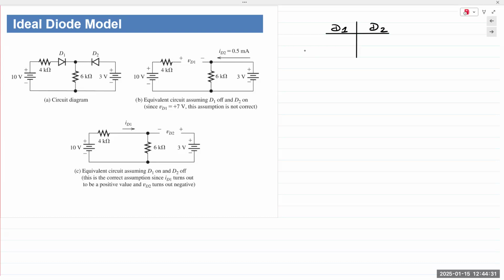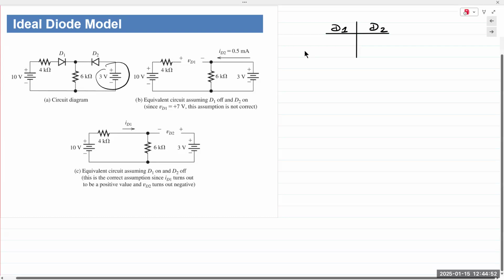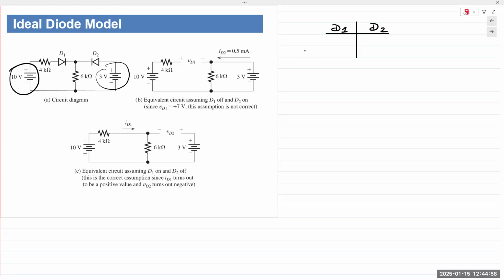So again, when you make your assumption, you always want to follow logical methods, look at the circuit, and make your best guess as to which diodes are on and off. So if you look here, what do we see? Voltage on the left is 10 volts. Voltage on the right is 3 volts. Right at the top, we know that the voltage on the left is higher, right?